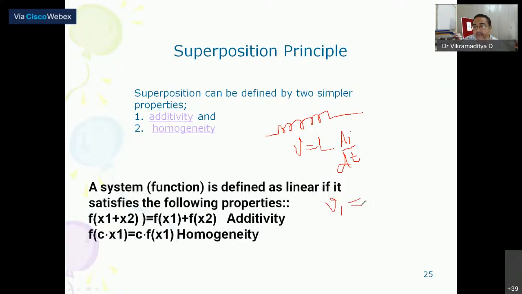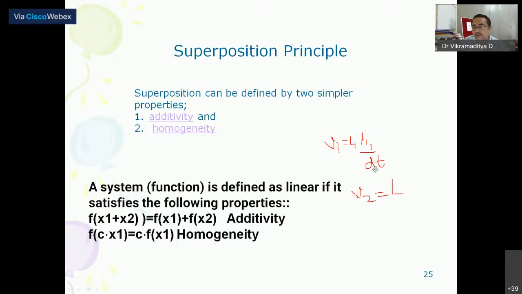V1 is equal to L dI1 by dt. And I am applying another current and getting a voltage across the inductor. V2 is equal to L dI2 by dt.